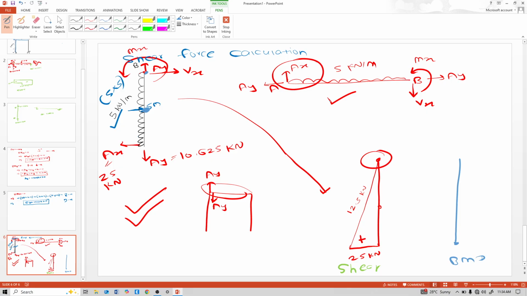Consider AX is clockwise, value of AX is 25 and the distance is 2.5 meters, so 25 into 2.5. Now consider this UDL. UDL is 5 into 2.5, and it is anti-clockwise, minus 5 into 2.5 into 2.5 upon 2, giving 46.875 here.